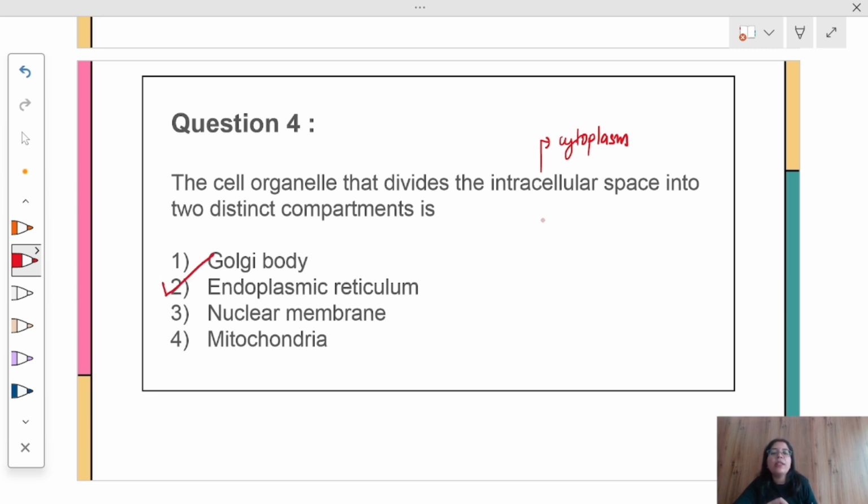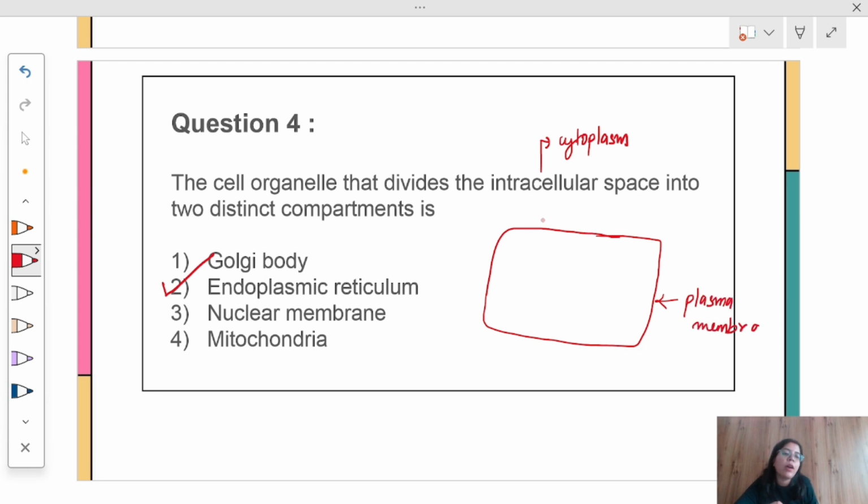One thing I would like to tell you: each and every cell organelle does the same thing. Let's suppose this is the plasma membrane, and we are talking about the intracellular space here.